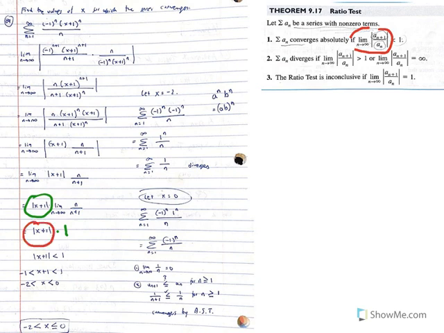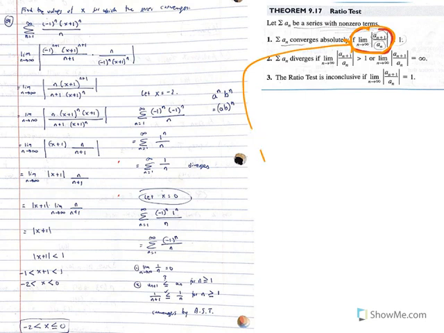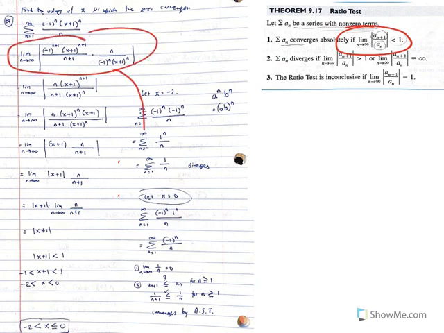Now what is this? Well, go back to how we started here. It's this limit from the ratio test. And according to the ratio test, whenever this limit is less than 1, our series will converge absolutely. So we really want to find out for what values of x this limit from the ratio test will be less than 1.